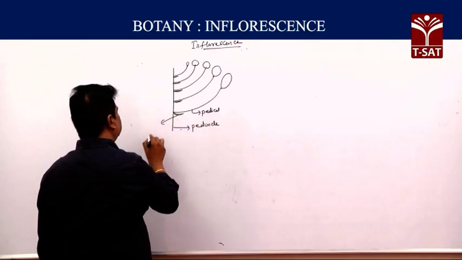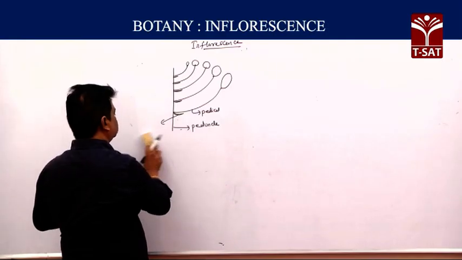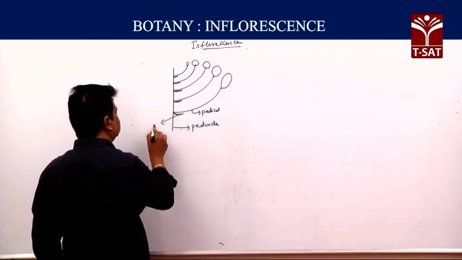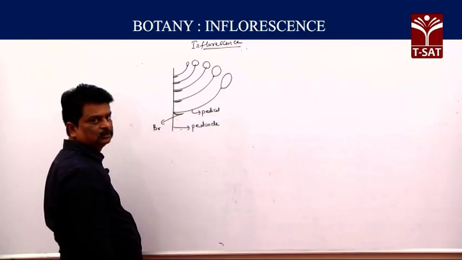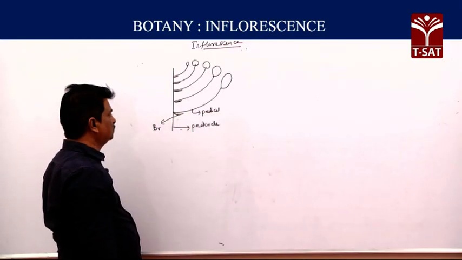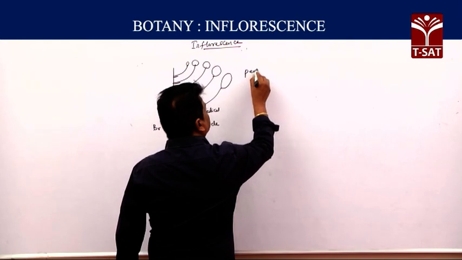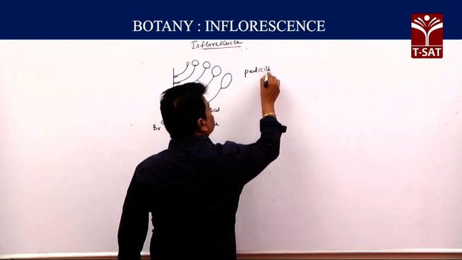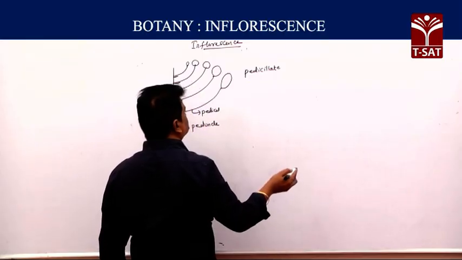Then the flower arises from a small scaly structure. The small scaly structure is called a bract. If a flower has a pedicel, it is called a pedicellate flower.